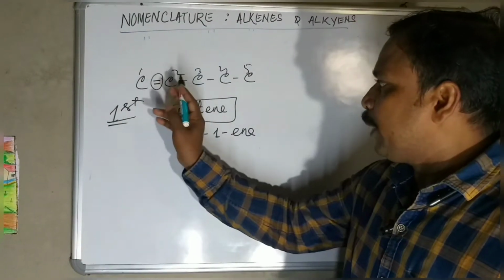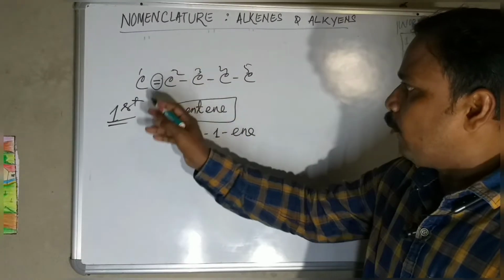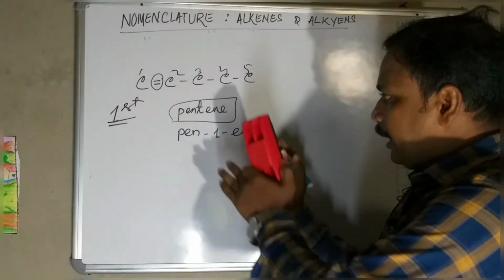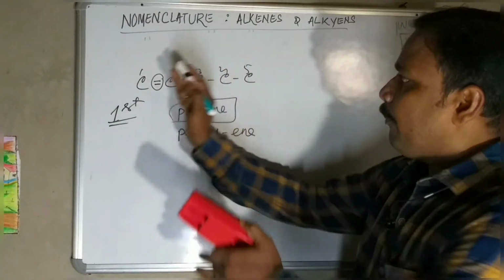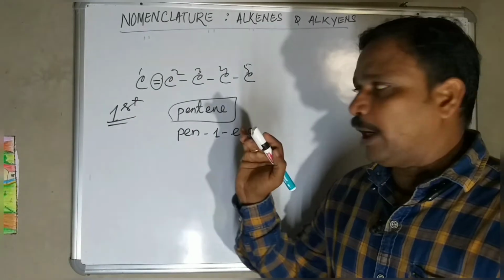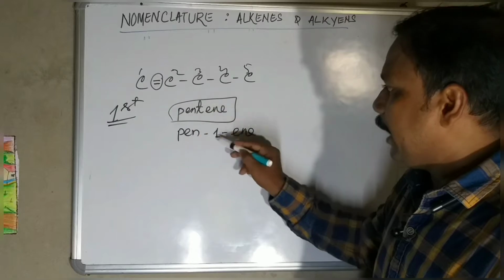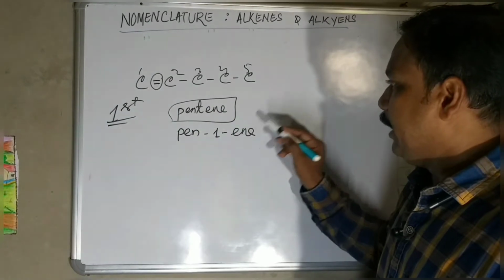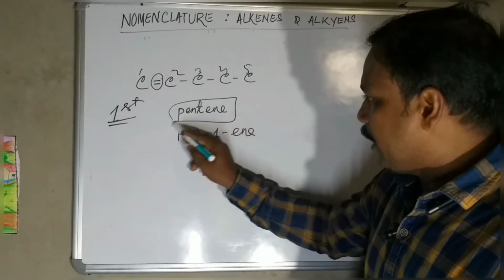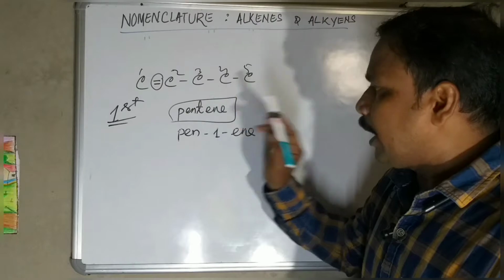It is between 1 and 2 carbon atoms, but when we count from the left hand side, it is situated on the first carbon atom, because we give the lowest number to the functional group. So here the naming is pent 1 ene. Pentene is also correct, but here 1 ene already represents the correct form.